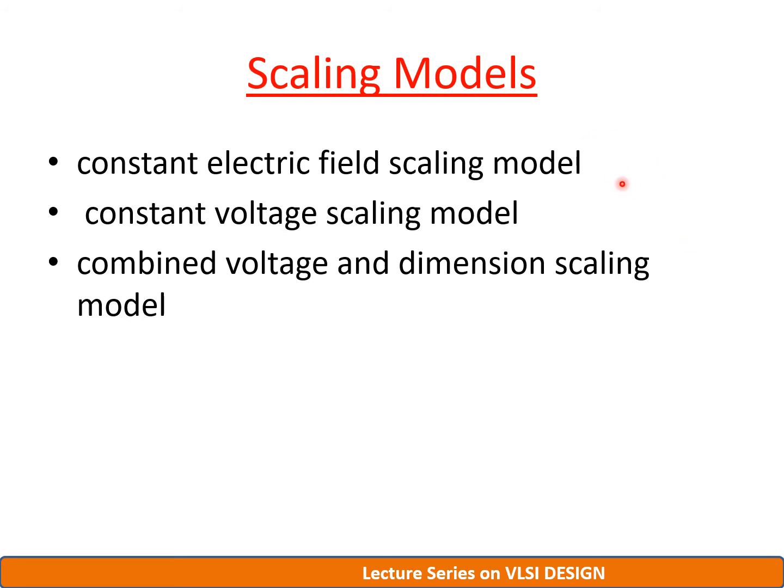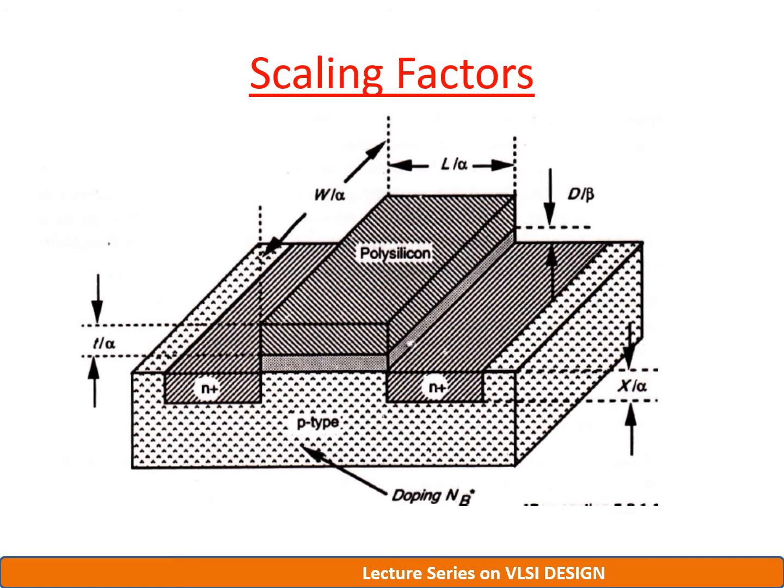We have three scaling models: constant electric field scaling model, constant voltage scaling model, and combined voltage and dimension scaling model. The above figure indicates three-dimensional structure of an NMOS enhancement device.